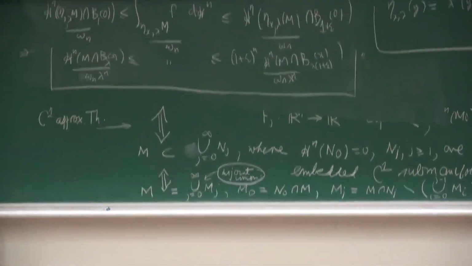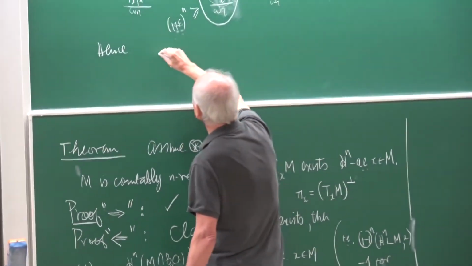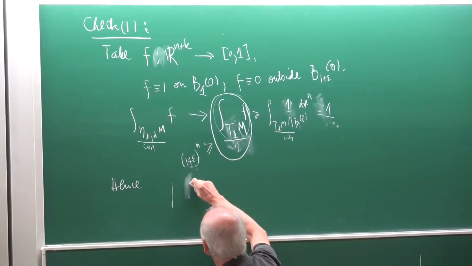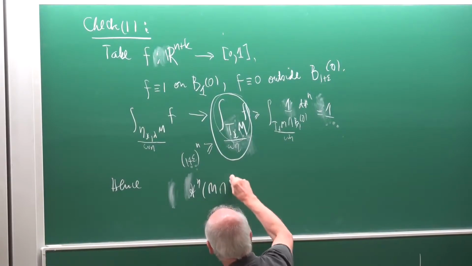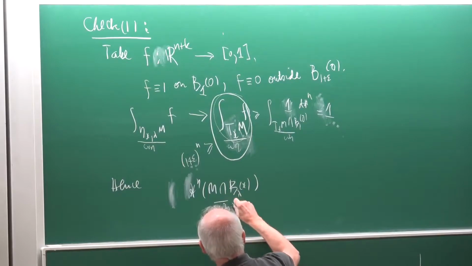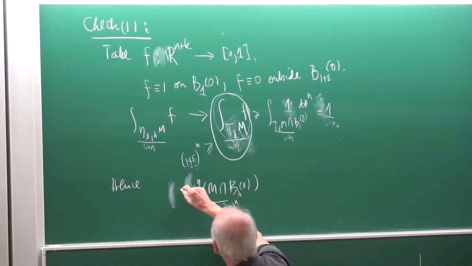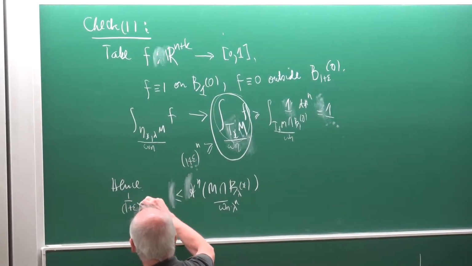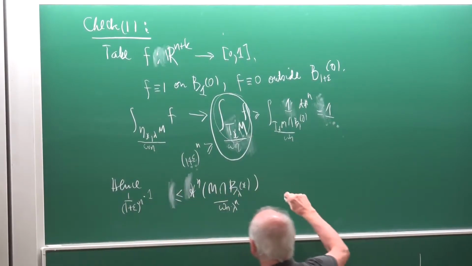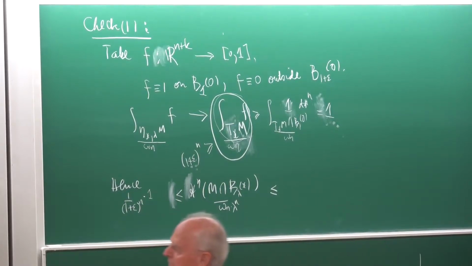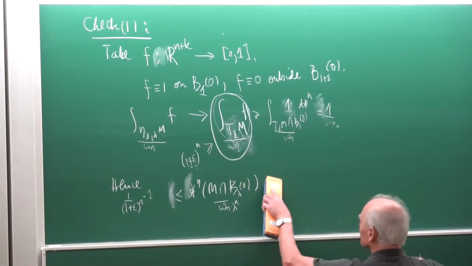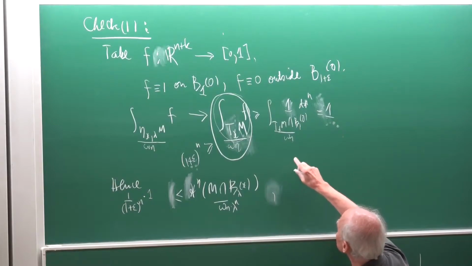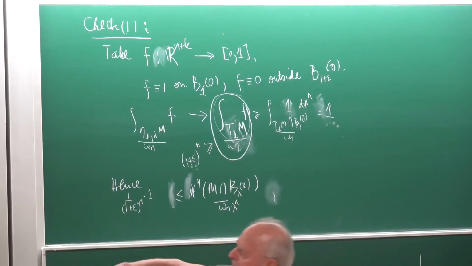So, in fact, if you work it out, you'll find that H^n of M intersect B(lambda, x) over omega n lambda to the n is bigger than or equal to 1 over (1 plus epsilon) to the n times 1, and it's less than or equal to, the other inequalities involve the ball of radius 1 plus epsilon. So that's good for that one.